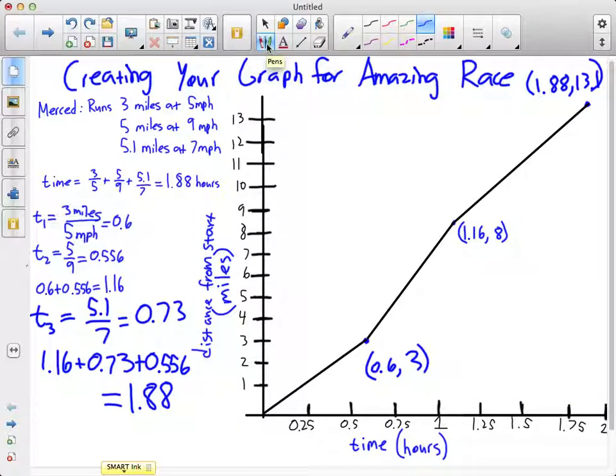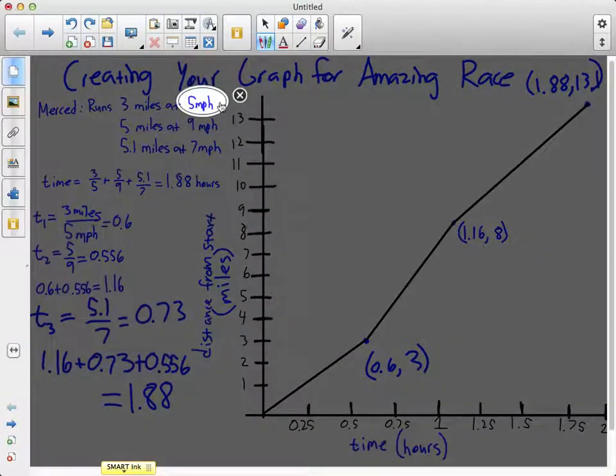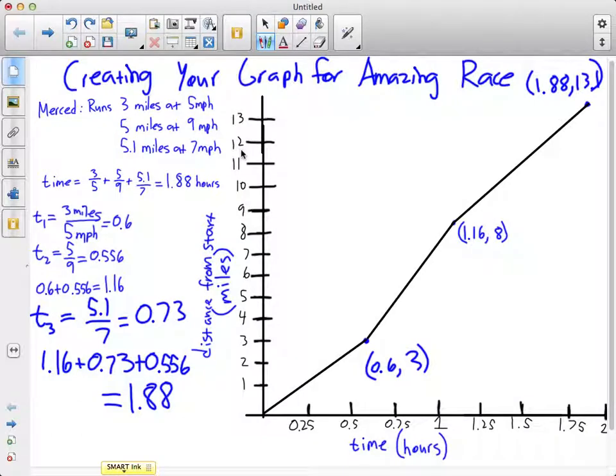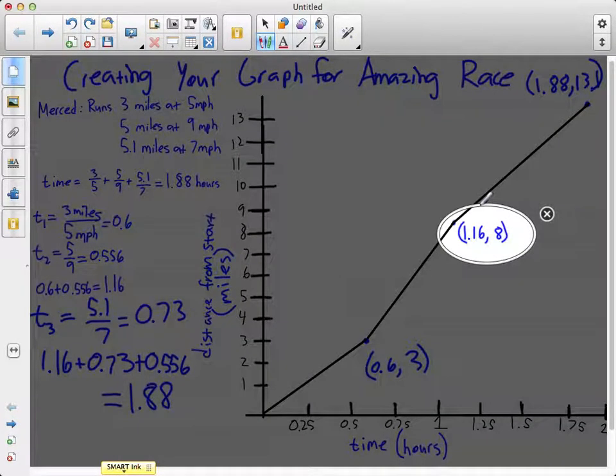Now, how would you find the equation of these three line segments? Well, you know the slope of each of those line segments because the slope of each segment is in fact the speed that he is going. And for each of those line segments, you know a point that it passes through. Segments 2 and 3 both pass through this point.